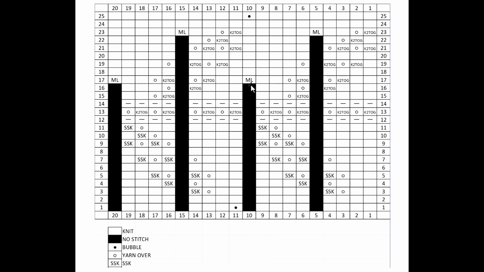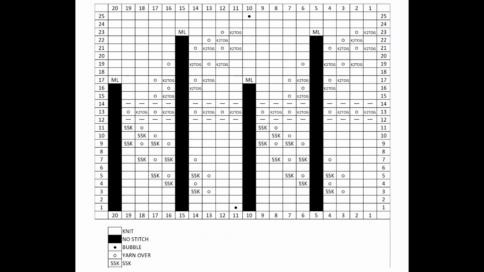That's why the black section ends on row number 16. ML means make one left, so increasing. From row 17 until row 22, you have a multiple of 18 stitches.